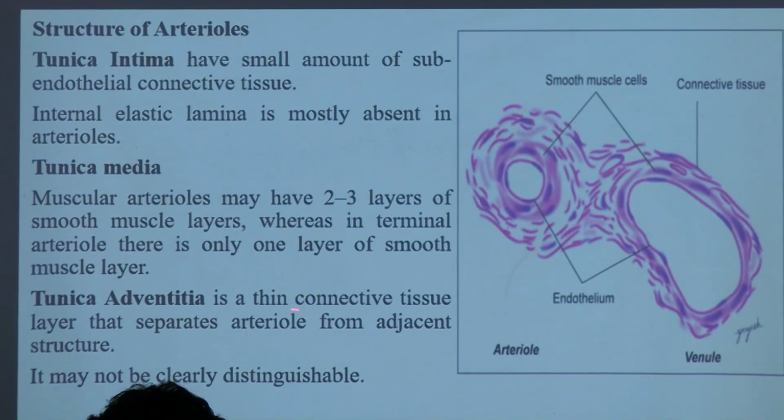In the tunica adventitia, we get a very thin layer of connective tissue which separates the arteriole from the adjacent structure. This connective tissue may not be clearly distinguishable, but it is present, separating the arteriole from the surrounding structure.